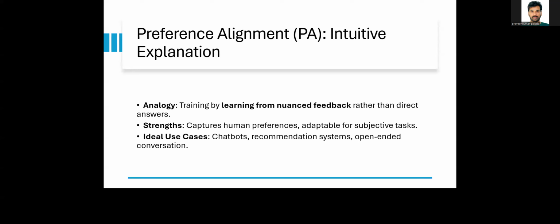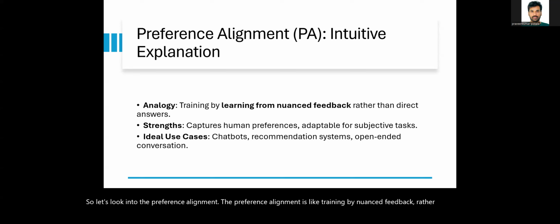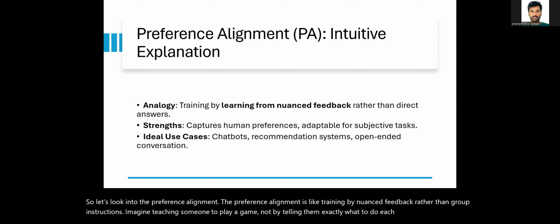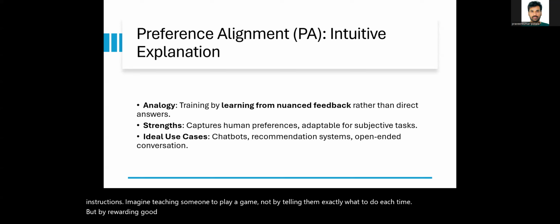So let's look into preference alignment. Preference alignment is like training by nuanced feedback rather than rote instructions. Imagine teaching someone to play a game, not by telling them exactly what to do each time, but by rewarding good moves and penalizing bad ones.